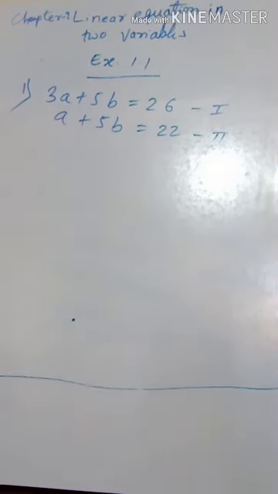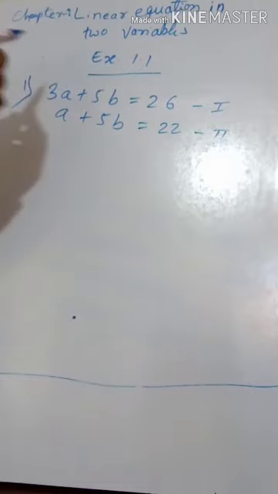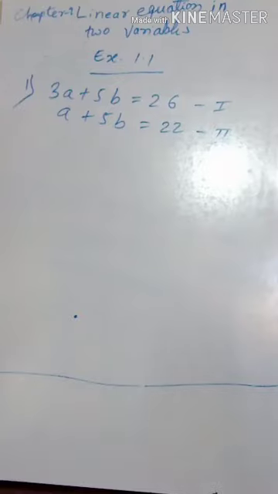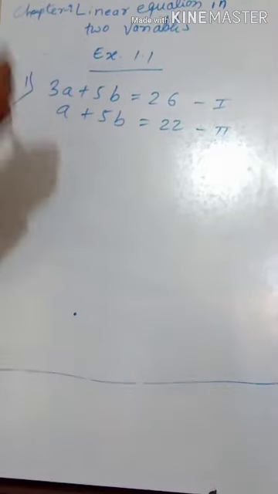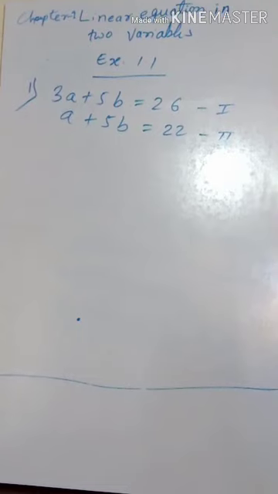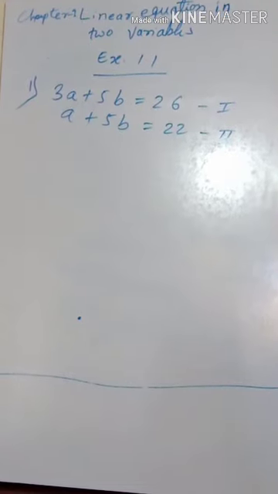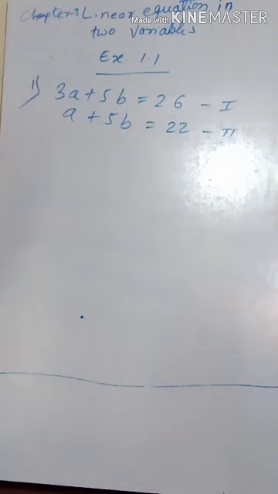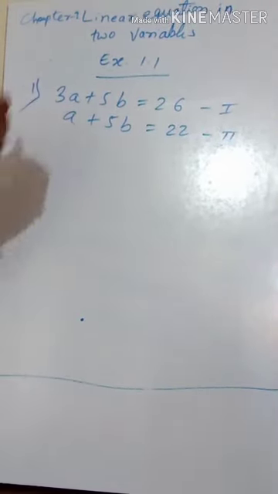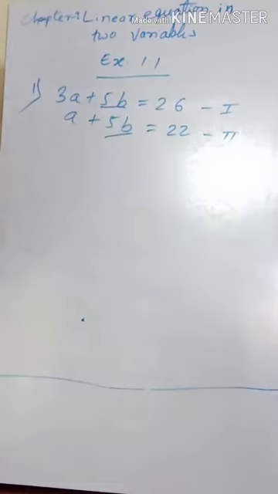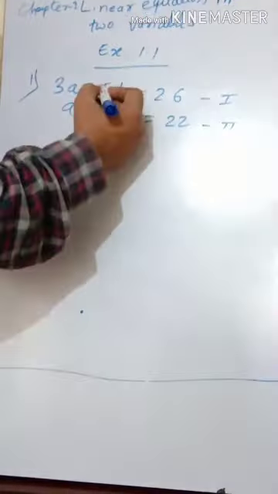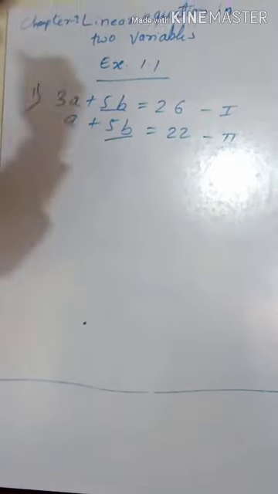We have to eliminate one variable, either a or b. Now we see which variable is constant. Constant means equal. 5b and 5b is constant in both equations. In equation number 1 it is 5b, in equation number 2 it is 5b.